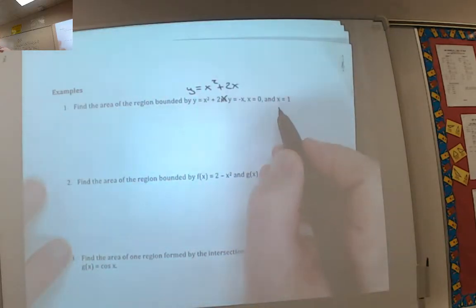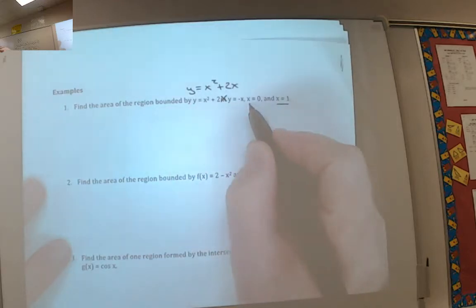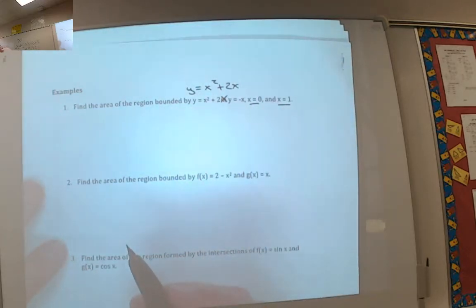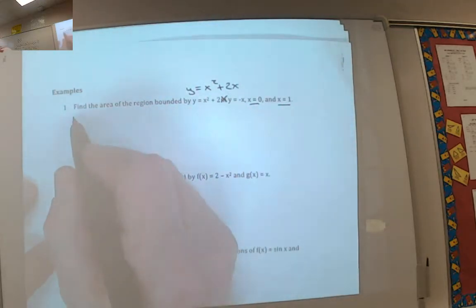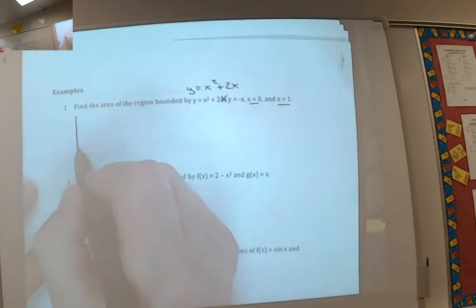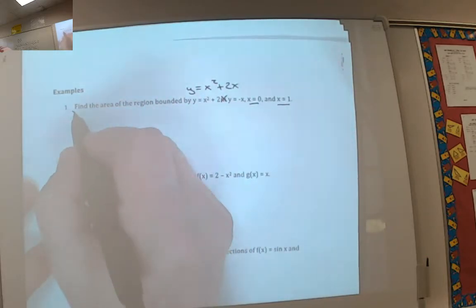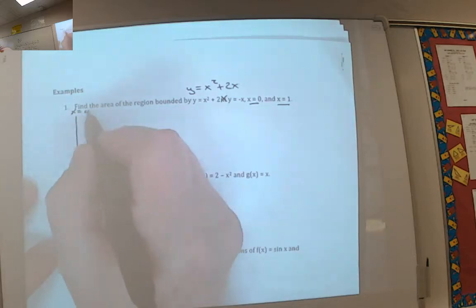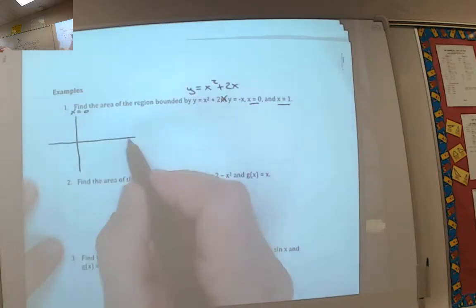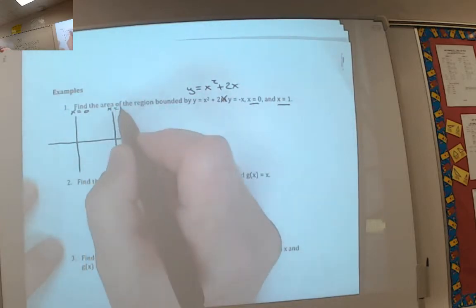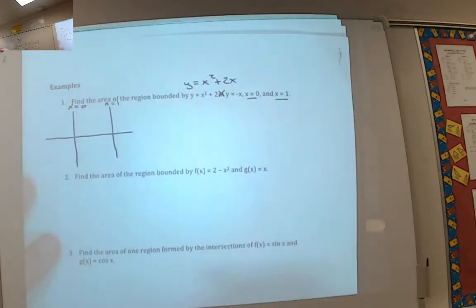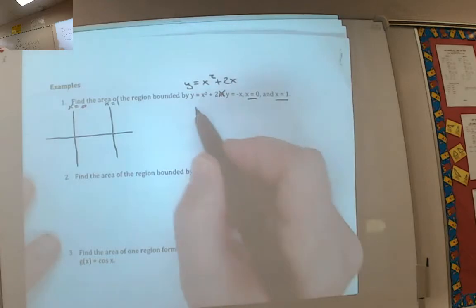So these are the two most important parts right here, this x equals 0 and x equals 1. So x equals 0 is the y-axis. And x equals 1 is this vertical line. So I'm going to rewrite.